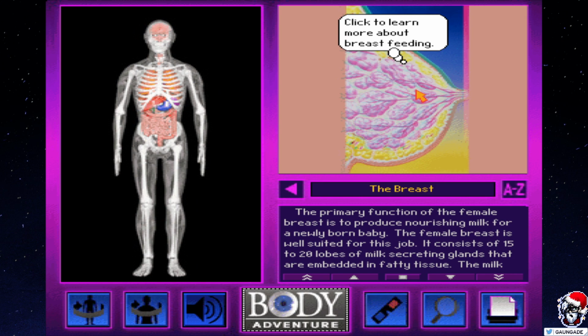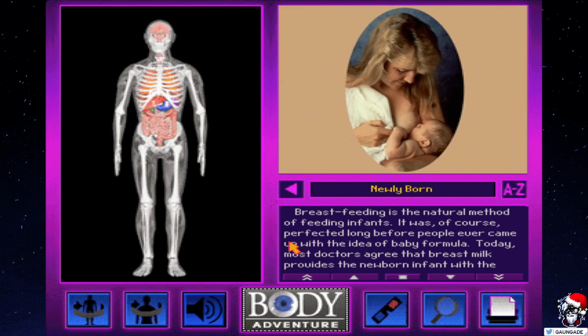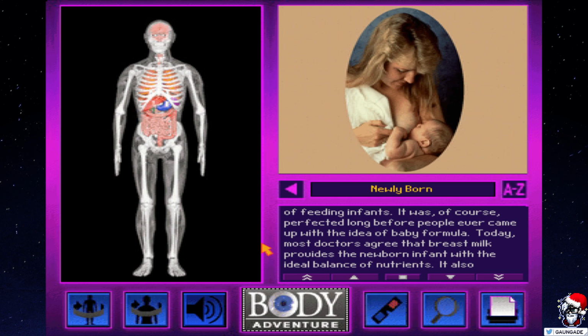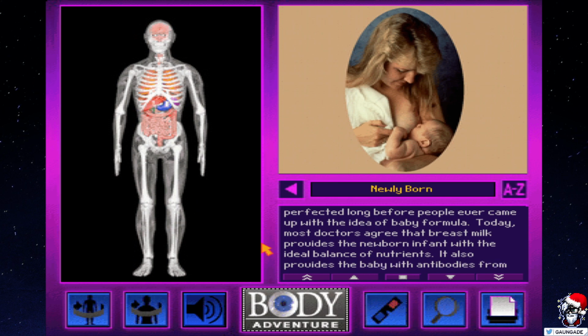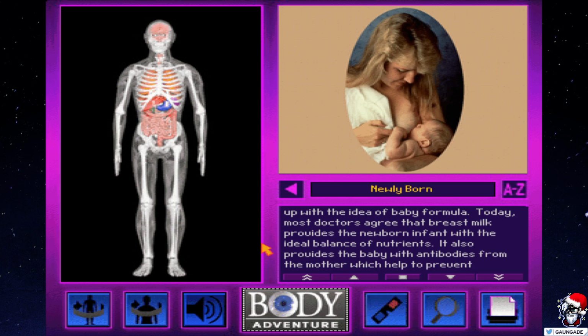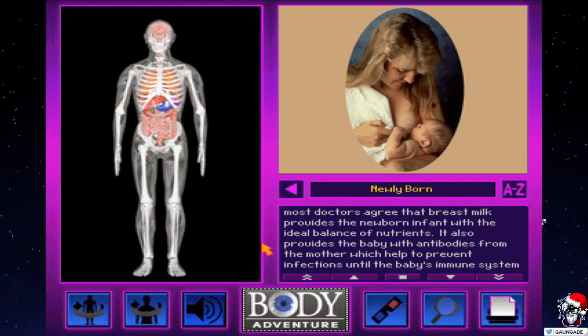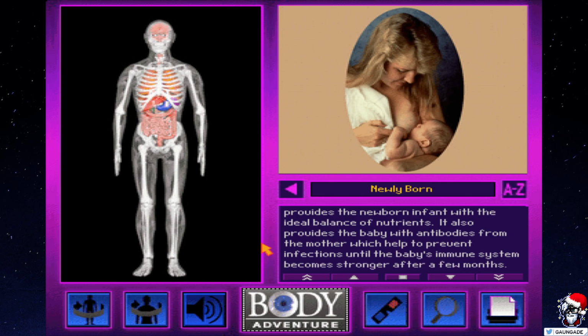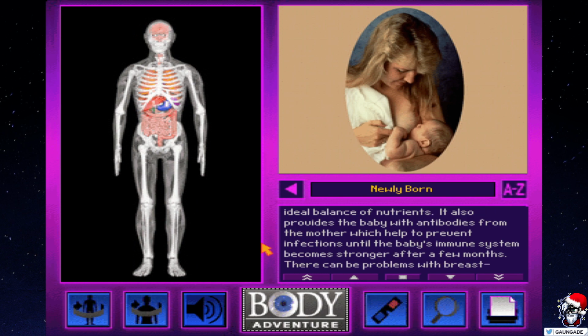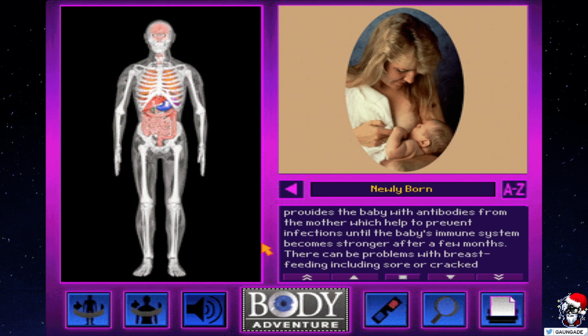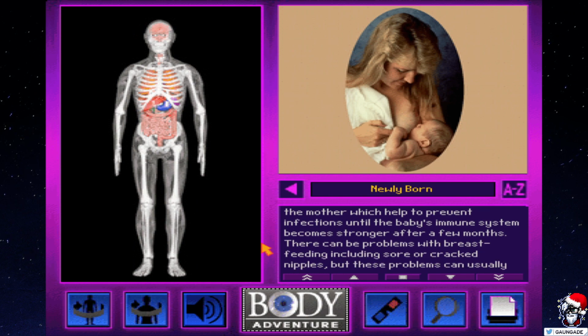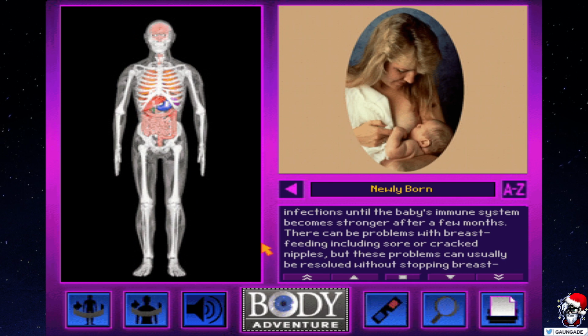Mammography. Breastfeeding. Newly born. Breastfeeding is the natural method of feeding infants. It was, of course, perfected long before people ever came up with the idea of baby formula. Today, most doctors agree that breast milk provides the newborn infant with the ideal balance of nutrients. It also provides the baby with antibodies from the mother which help to prevent infections until the baby's immune system becomes stronger after a few months.